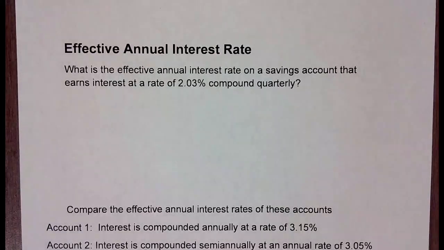The last thing we're going to look at here is effective annual interest rate.